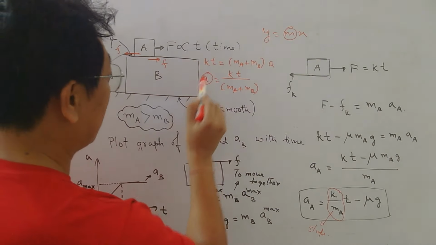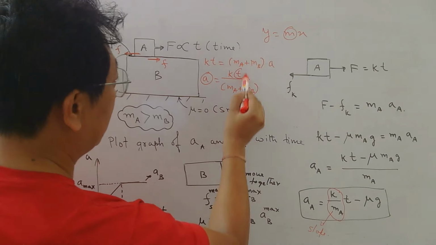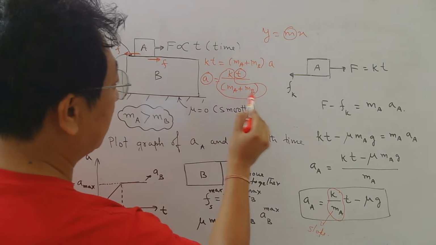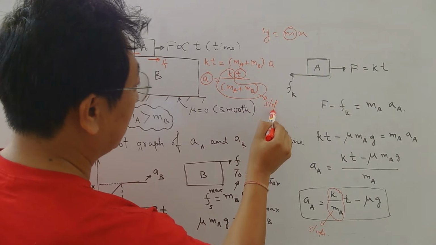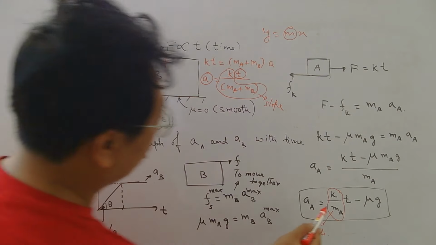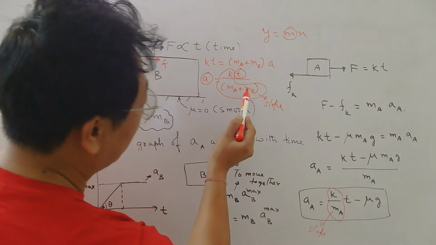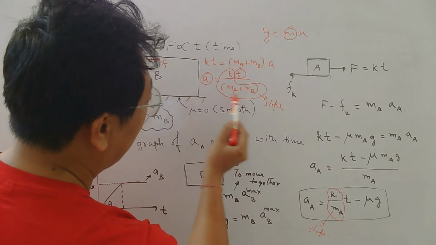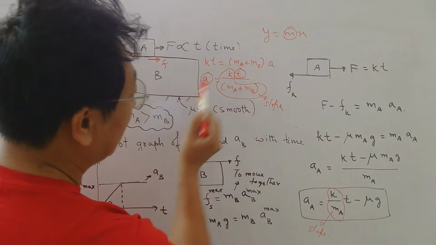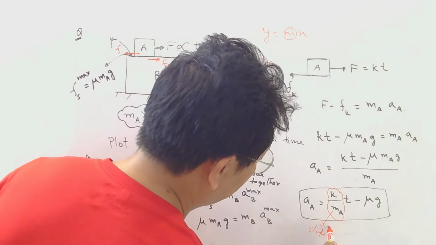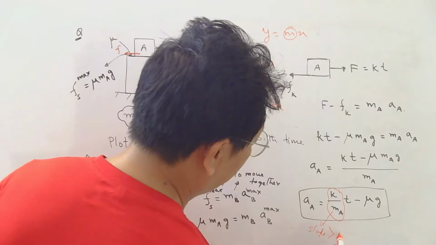So here a is along your y-axis, T is along your x-axis. So this K by MA plus MB is your slope when they were moving together. Now the slope is K by MA. Obviously, is this slope less or more? Remember here there is plus MB, so you are dividing by more. So that slope is less because you have the denominator more. Here the denominator is less. So this slope is greater than the previous slope.